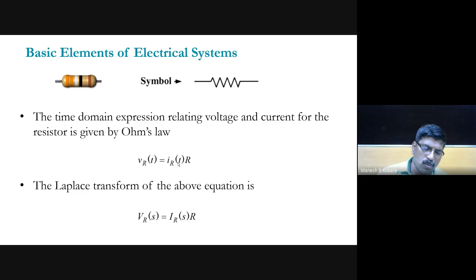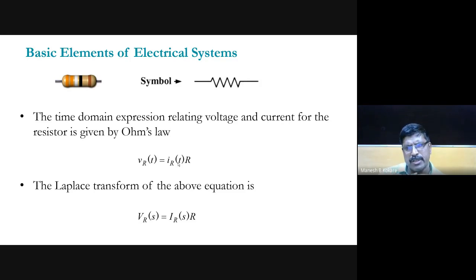So now we'll see how to obtain the models of a simple electrical system. You know that in an electrical or electronic system, you have basic elements like resistance, capacitor, inductor, diode, transistor, and so on.